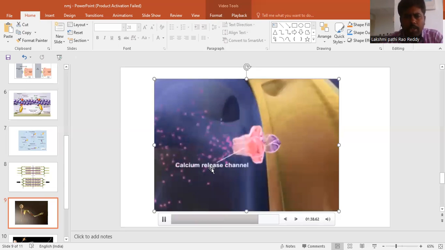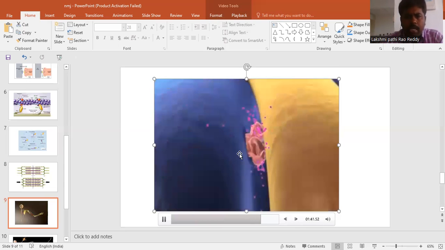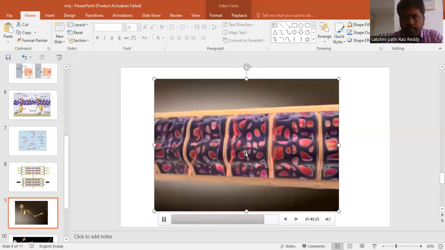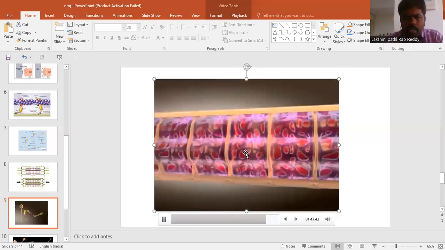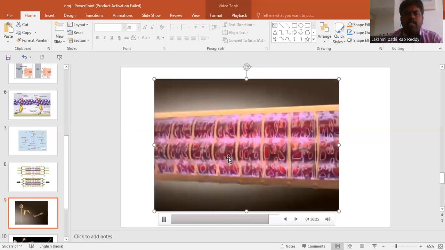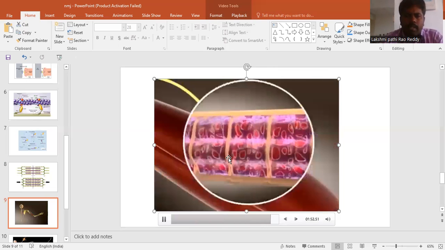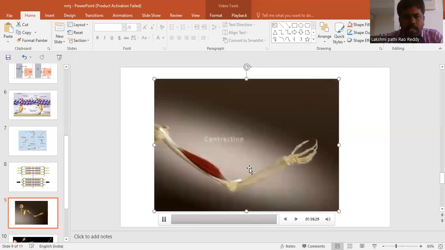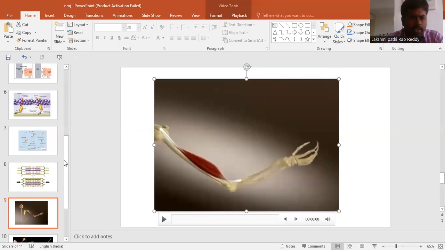When the dihydropyridine receptors are activated, the calcium channels open and calcium is released from the sarcoplasmic reticulum. Yes, we can see the excitation here, and it finally leads to contraction.